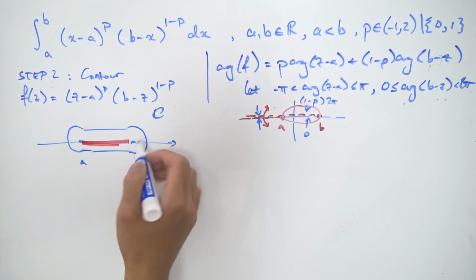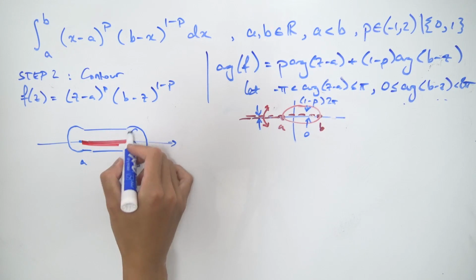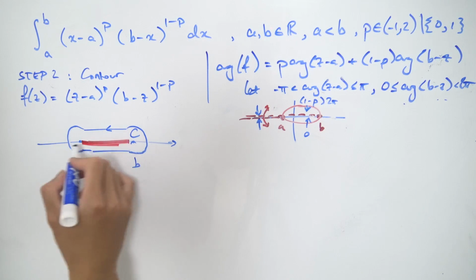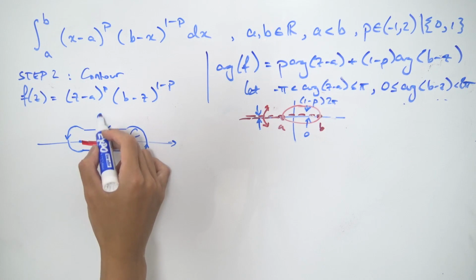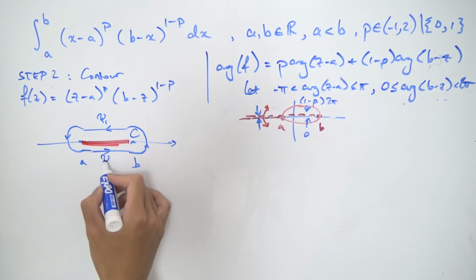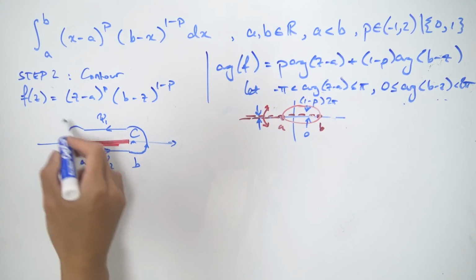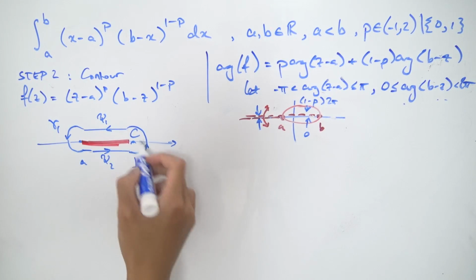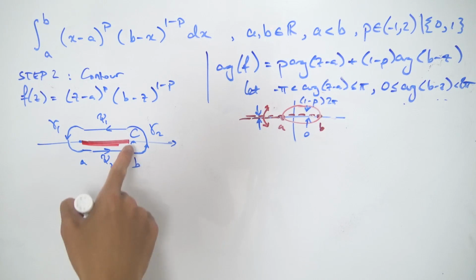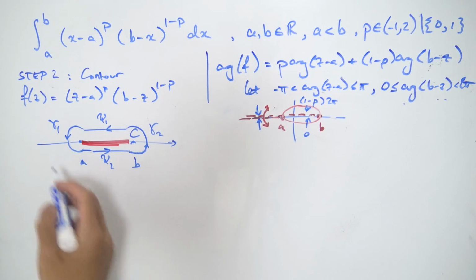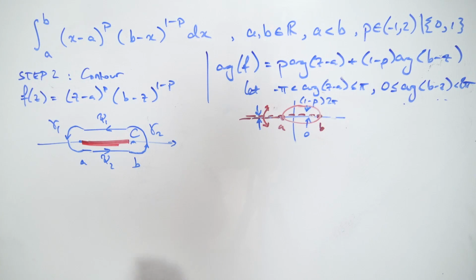And we're going to call this whole entire contour over here C. And we're going to be traversing in the positive direction, which is anti-clockwise. We're going to call this top path psi 1, the bottom path psi 2, the left circular path gamma 1, and the right circular path gamma 2. And our contour C is just the union of all those paths, so we can write out a couple of integrals.